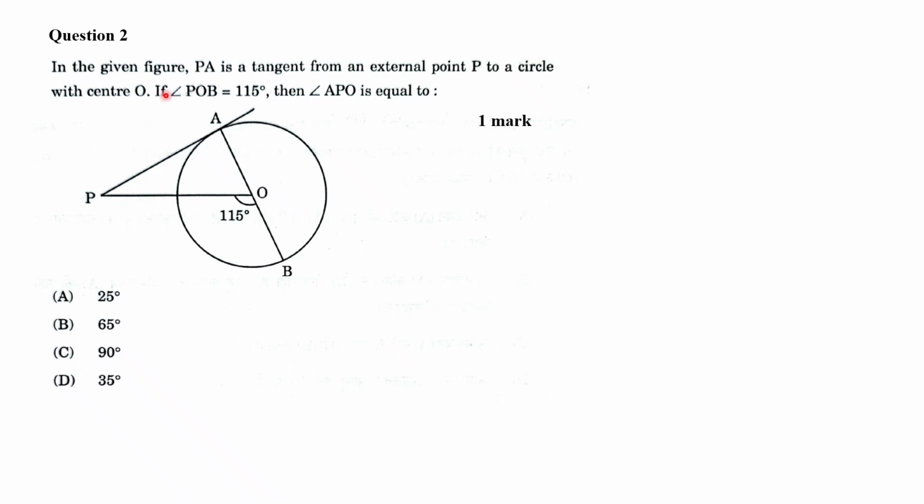Question number 2. In the given figure, PA is a tangent from an external point P to a circle with center O. If angle POB is 115 degree, then angle APO is equal to. You have to find the measure of this angle. If you know the measure of these two angles, easily using angle sum property you can find it. Angle POB and angle POA both form a linear pair, so the sum is 180 degree.